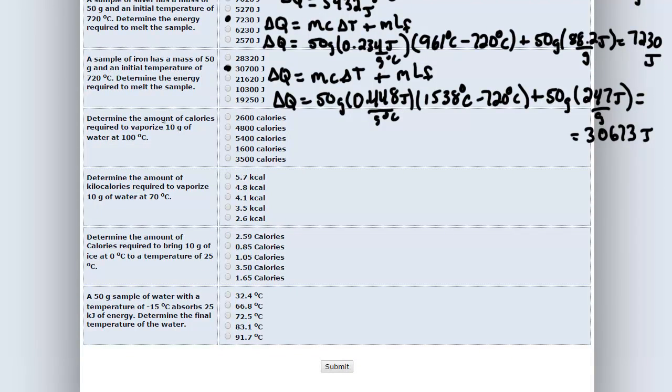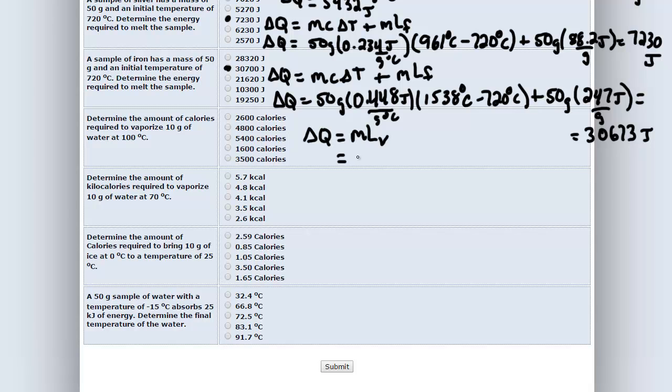Determine the amount of calories required to vaporize 10 grams of water at 100 degrees Celsius. So now we're at the boiling point, and all we want to do is vaporize the water. So we want to go through that latent heat. But this time, it is the latent heat of vaporization.